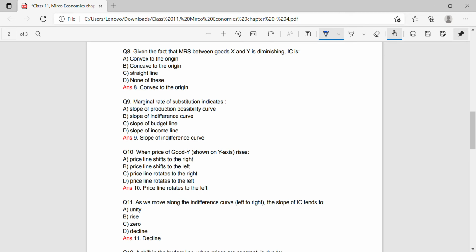Given the fact that MRS between good X and Y is diminishing, IC is: option A, convex to the origin. Option B, concave to the origin. Option C, straight line. Option D, none of these. The correct option is option A, convex to the origin.